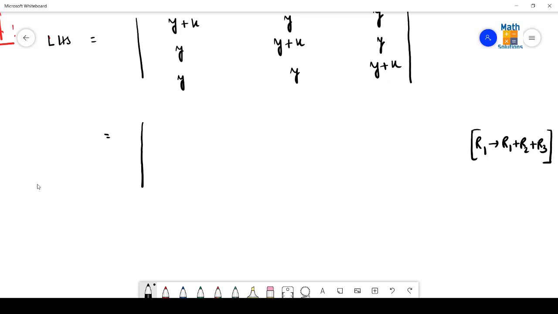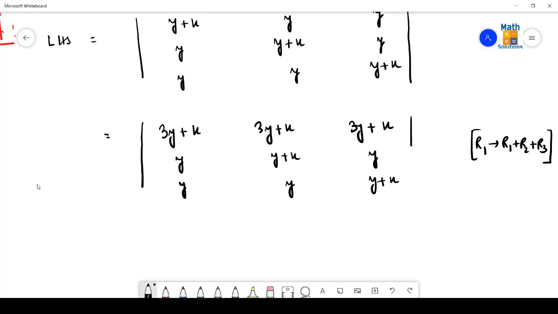After replacing R1 by R1 plus R2 plus R3, along the first row I shall get thrice y plus k in all three terms. The rest of the rows remain as they are, there is nothing to change: y, y plus k, y; y, y, y plus k.